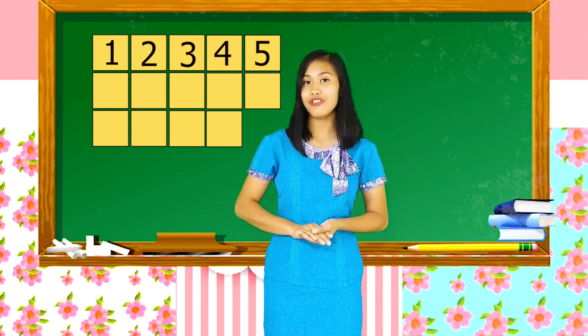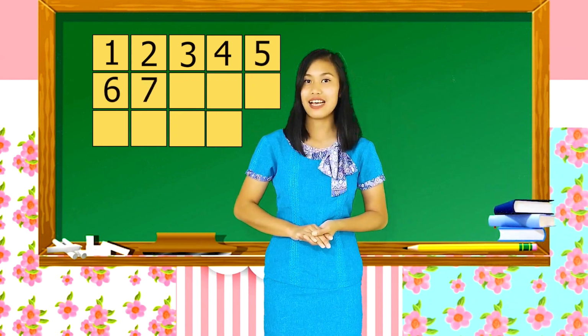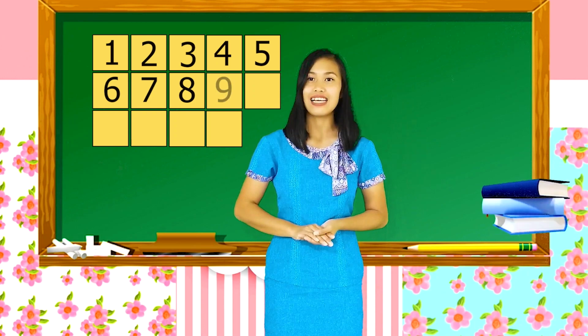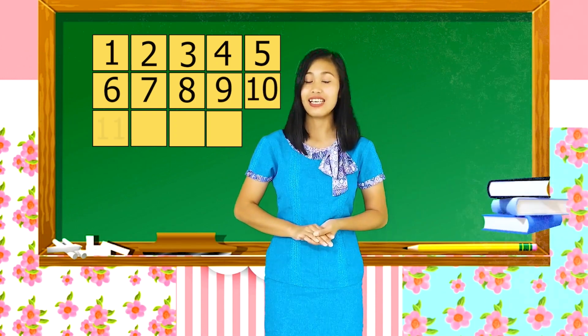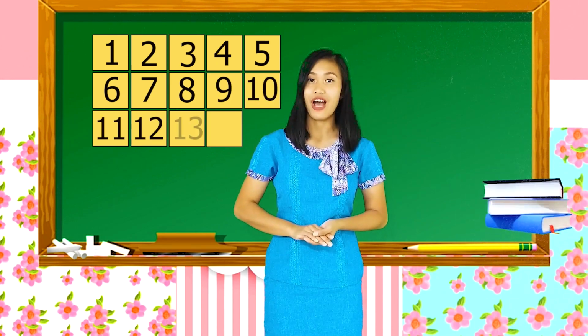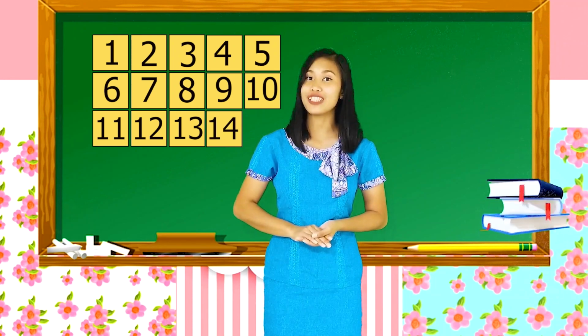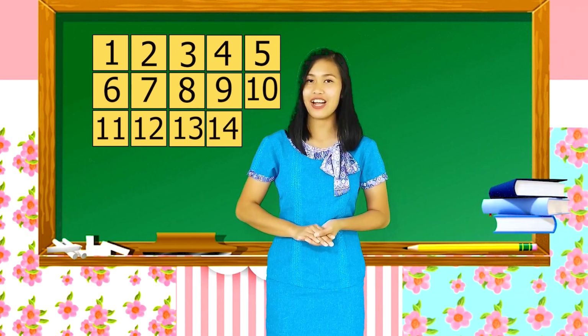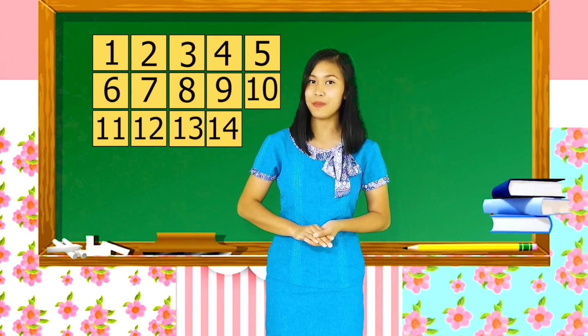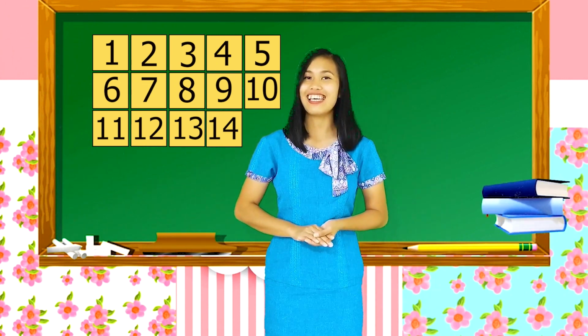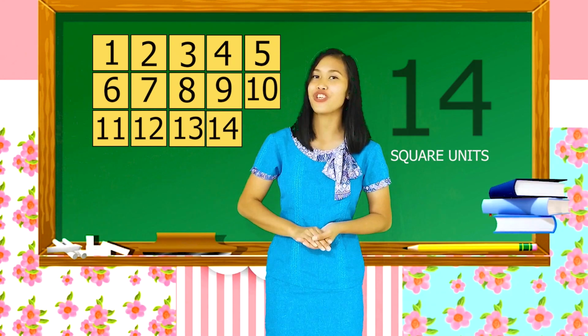So let us count. 1, 2, 3, 4, 5, 6, 7, 8, 9, 10, 11, 12, 13, and 14. So what is the area of this irregular shape? Very good. It's 14 square units. Now, find the area of this irregular shape.